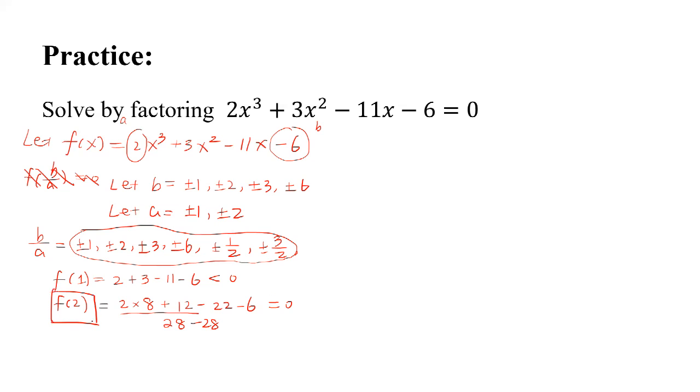So f(2) is 0, that means x minus 2 is a factor of f(x), right? And then we can find the other factor using the long division.